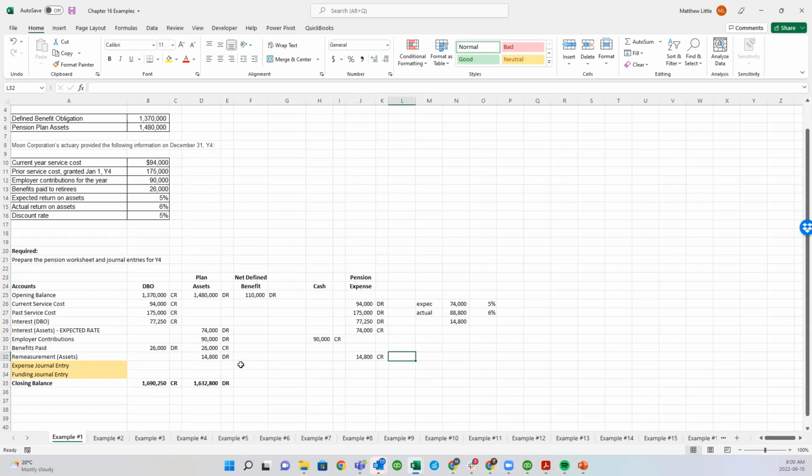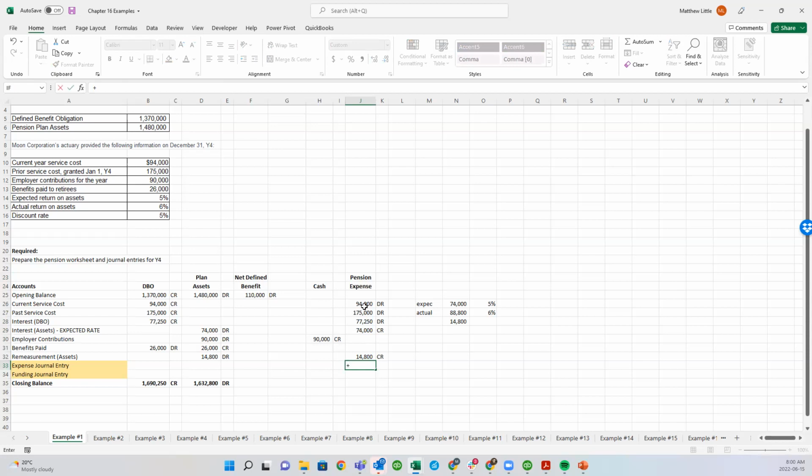And now we move down to our journal entries. So right now, defined benefit obligation and plan assets are not on our financial statements. But these items are our cash account, our pension expense for the year, and our net defined benefit. So we need to balance off these journal entries. So we look at our pension expense. Let's determine what that amount is.